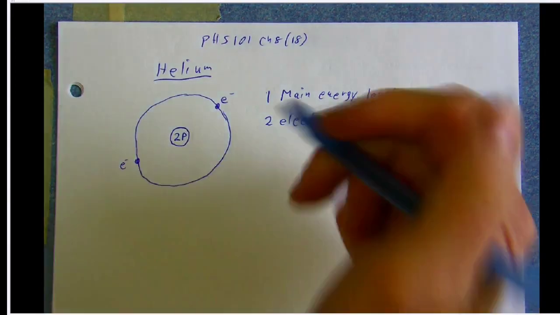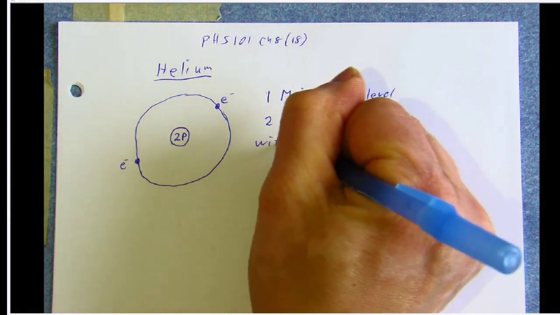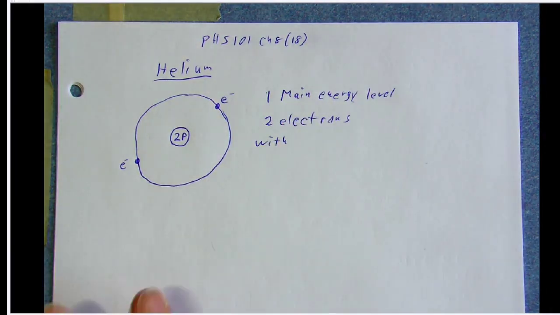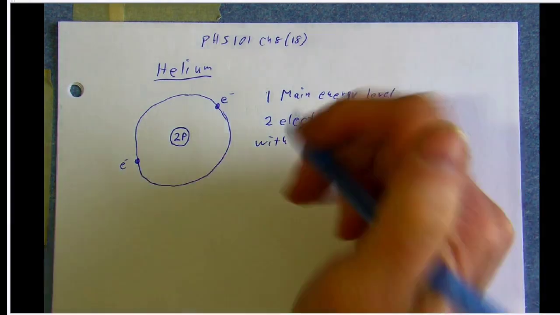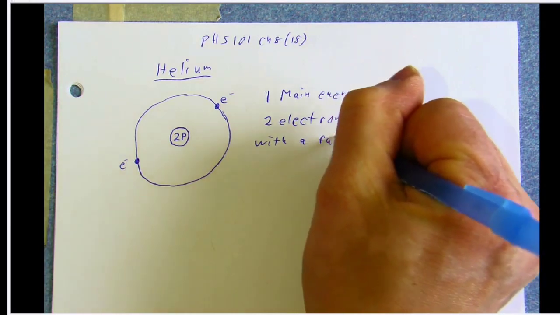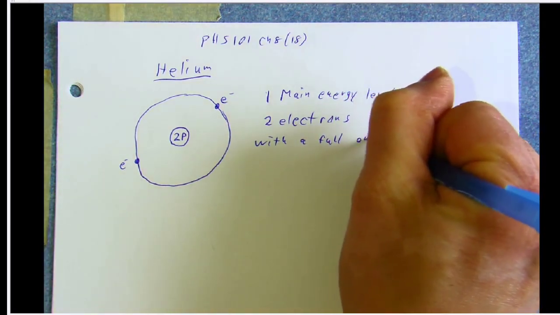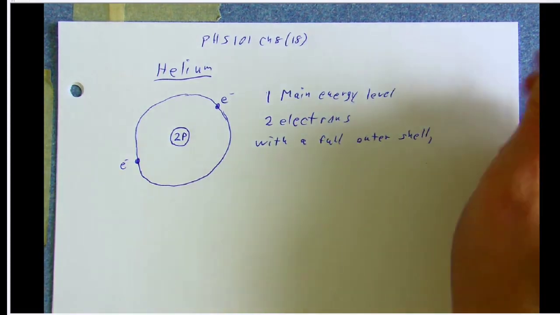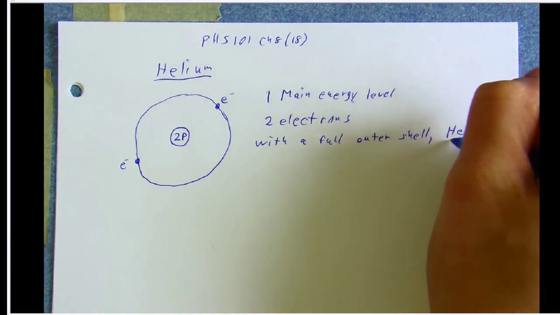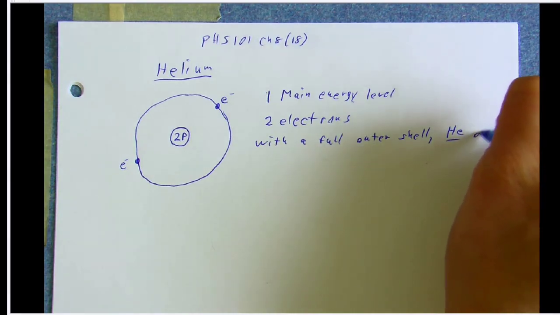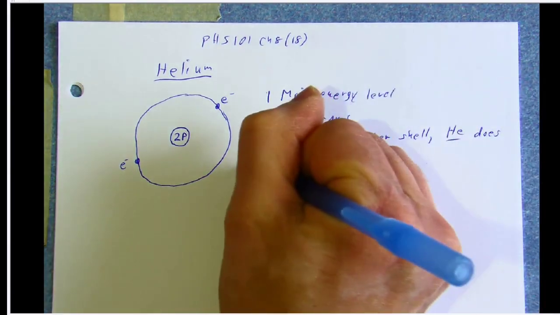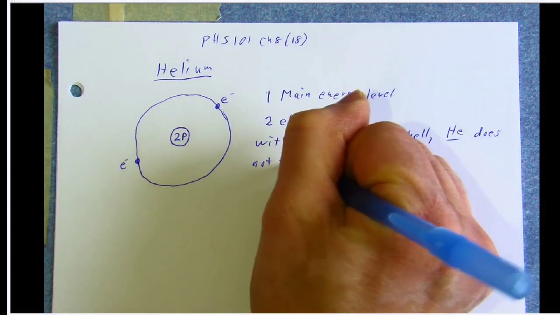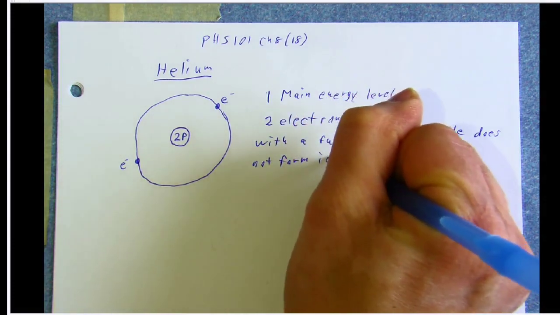And helium is, remember, the first main energy level only holds 2 electrons. That's the exception to the octet rule, that first main energy level. So with a full outer shell, helium does not form ions.